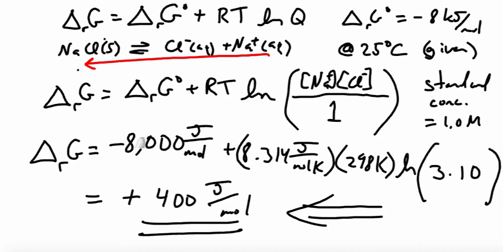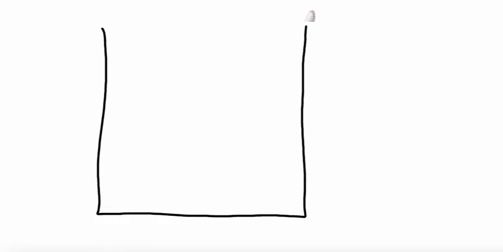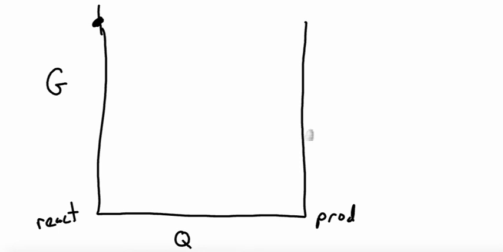Well, it's good to look at this as sort of a graphical G-plot, I think is helpful. Your professor has probably drawn one of these for you in class, where you have products and you have reactants, and then Q tells you how far along you are in your reaction progress between reactants and products. And the reaction we did just now has a very negative delta G standard, and that's this number.